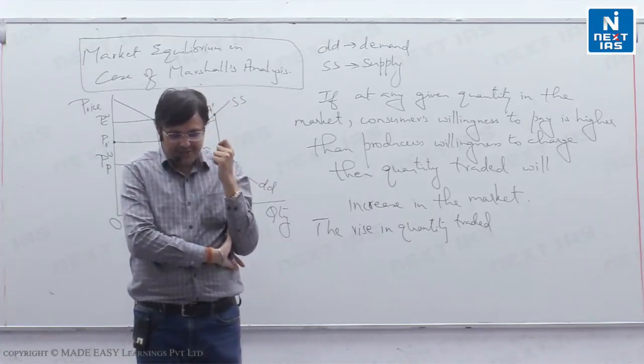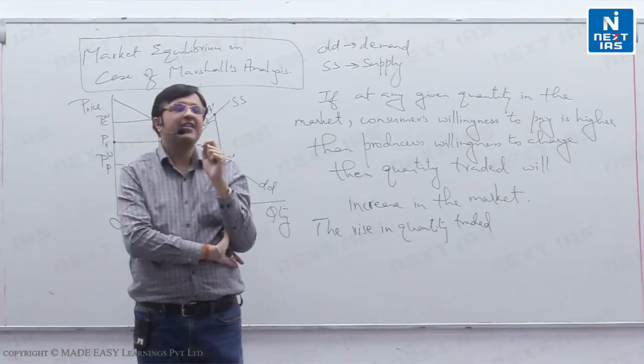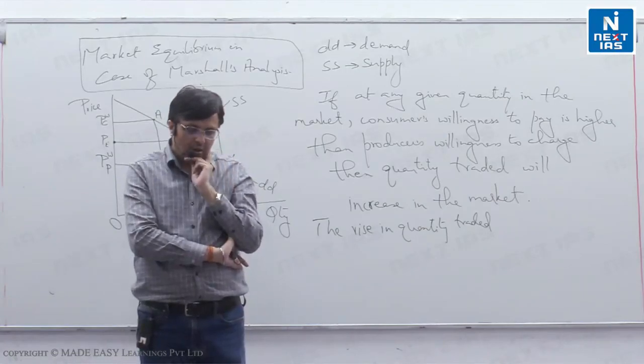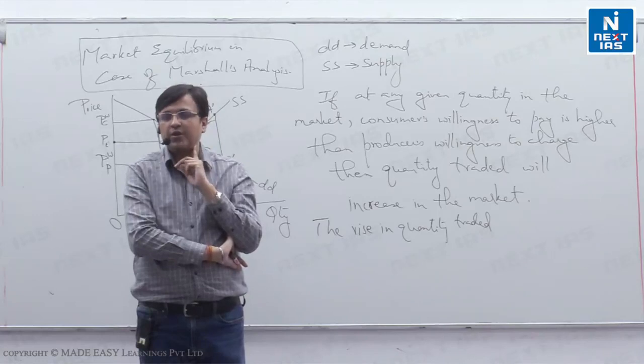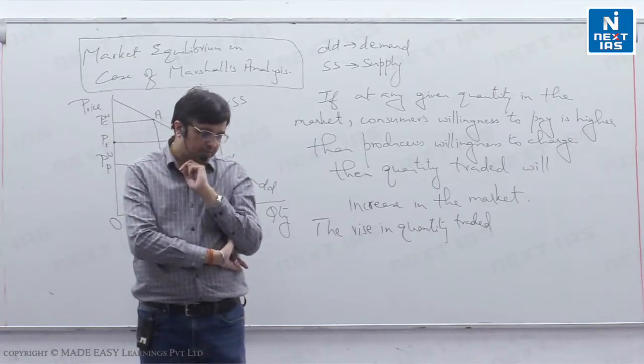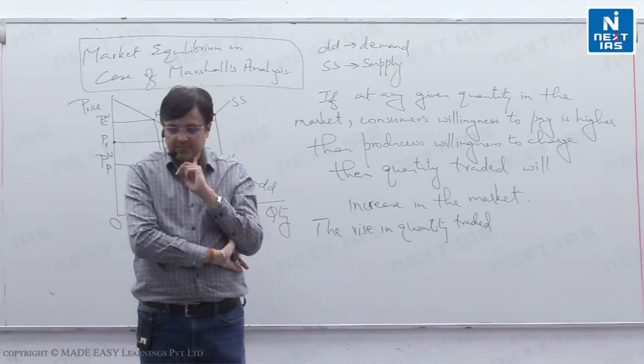All right. So willingness to pay of consumer is lesser than willingness to charge of producer, which results in reducing quantity traded.